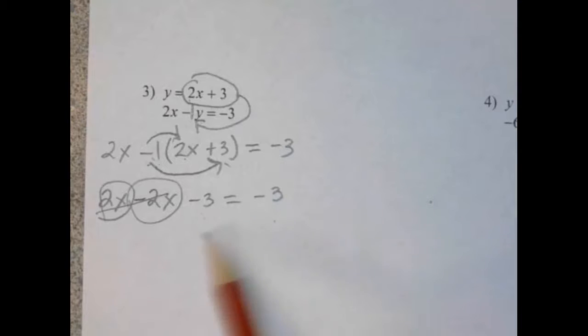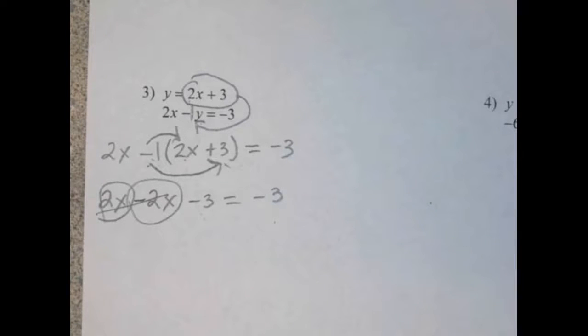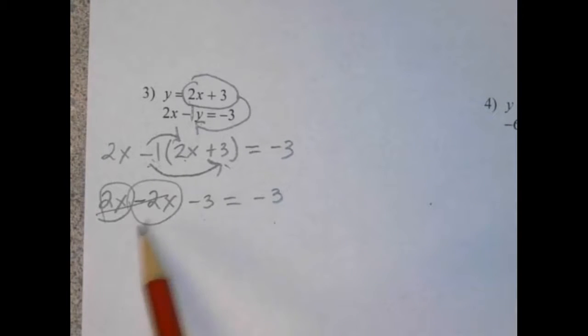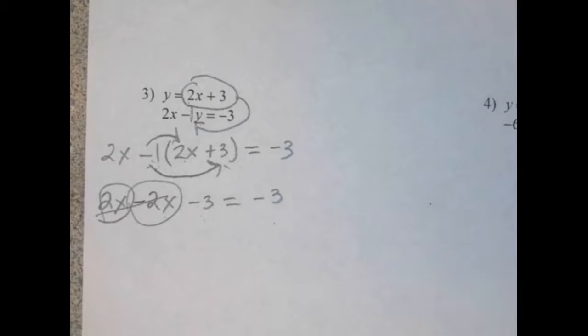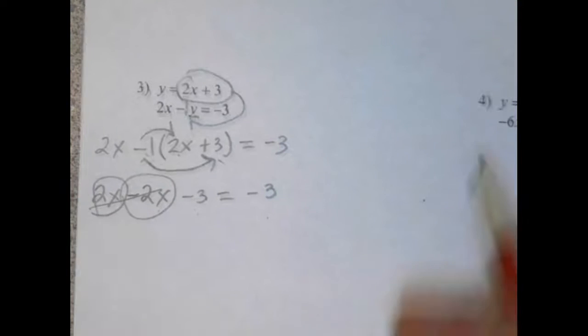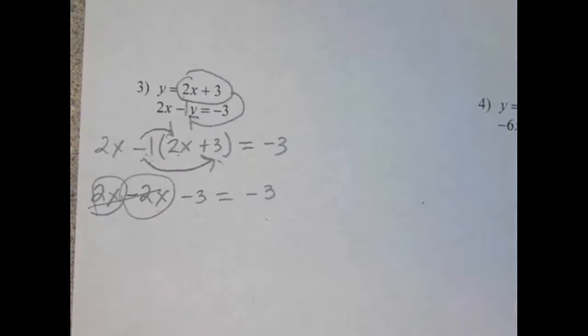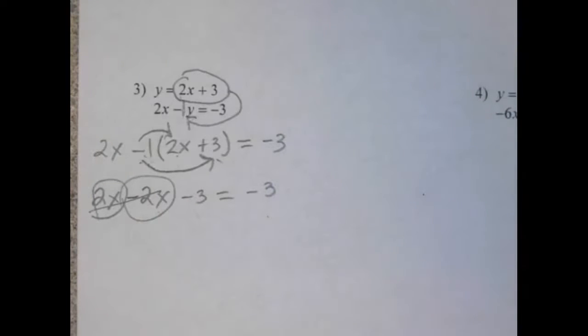If it is equal to each other, I have a special answer. This tells me that any number, any variable is going to work. So the lines are identical. If I laid one line on top of the other, they would be right on top of each other. So that gives me that special solution.